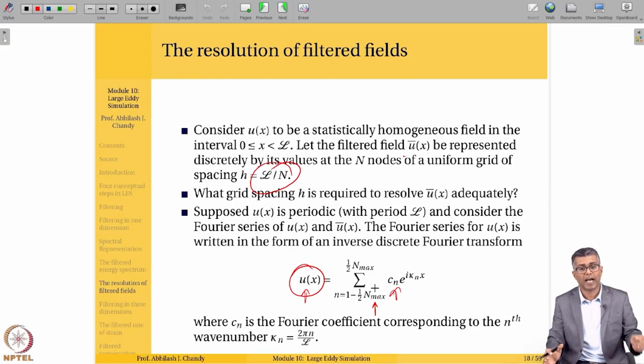So if you write it as a discrete Fourier transform, then U of X is the summation from 1 minus half n max to half n max, isn't it, of Cn e to the I kappa n x. So this is, if it was direct numerical simulation, you're fully resolving it. And that kappa n is basically the wave number for fully resolving x. So that would be 2 pi n over L.